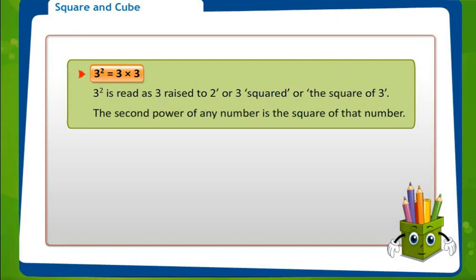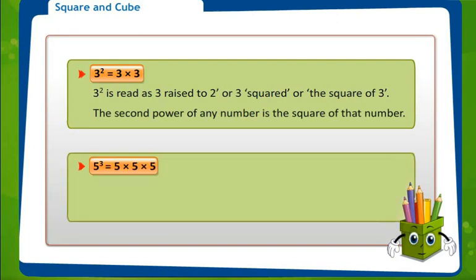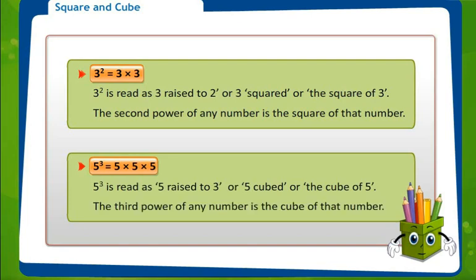The second power of any number is the square of that number. 5 raised to the power 3 is read as 5 cubed or the cube of 5. The third power of any number is the cube of that number. I hope I am clear with the concept of indices. Thank you.